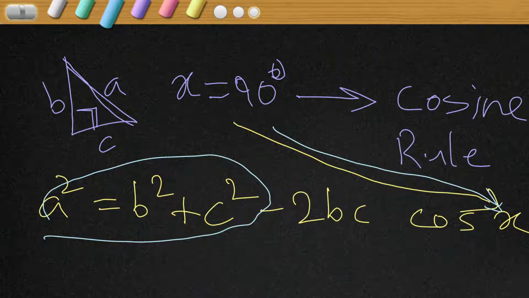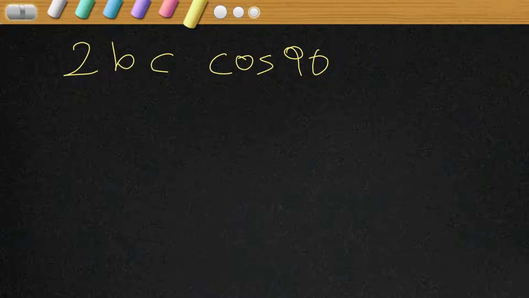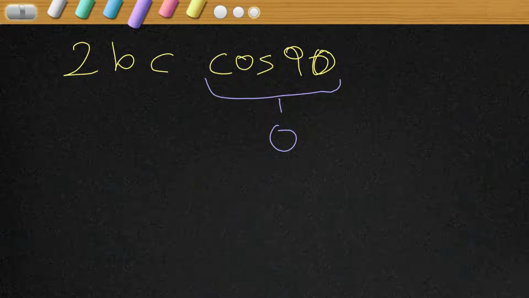So we put in cos 90, and it's okay if you don't know this rule, but cos 90 is always equal to 0, no matter what. So if I take this small part, 2bc cos 90, this would give me 0. So 0 multiplied by that will always be 0. So what will be left?